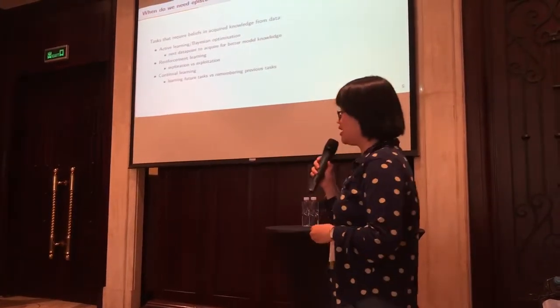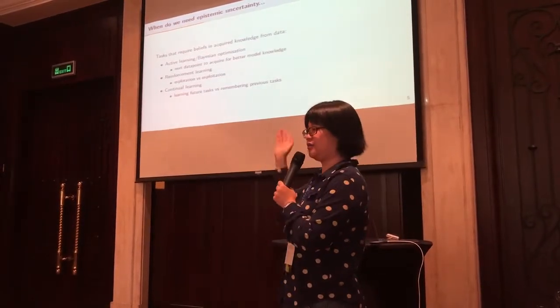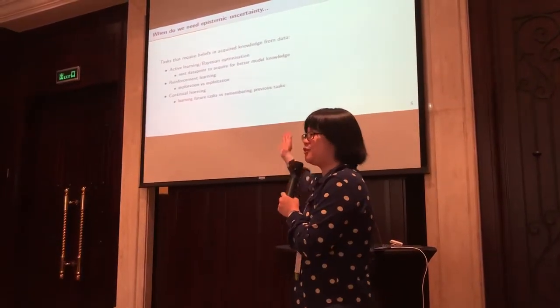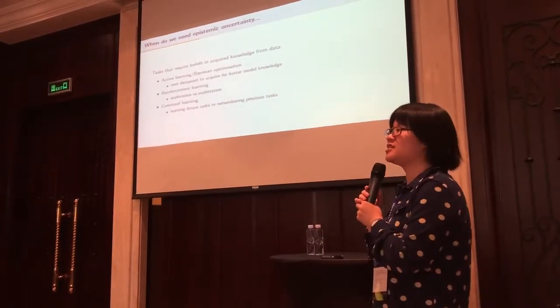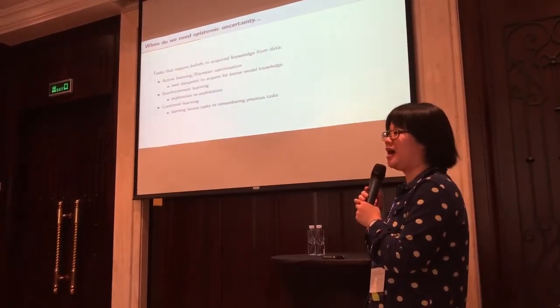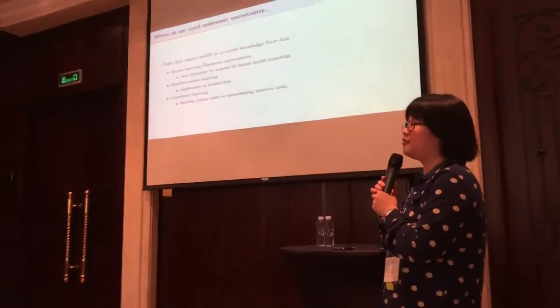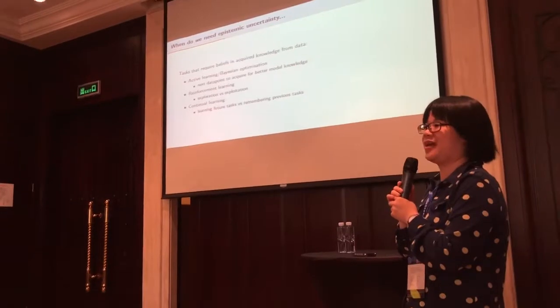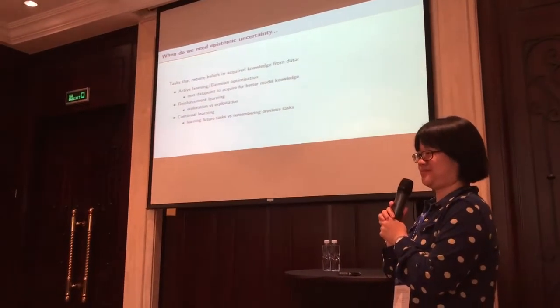So the question here is, how do you do continual learning so that you learn future tasks well, but you still remember the previous task? Uncertainty essentially tells you how confident you are in your previous knowledge. If you're confident enough, then maybe you shouldn't change your current knowledge too much.